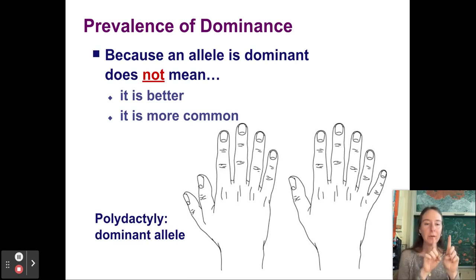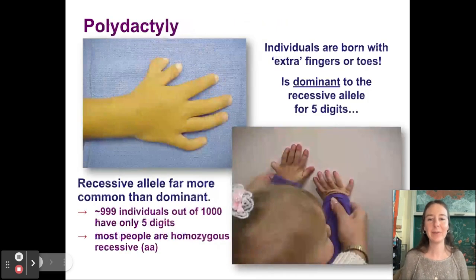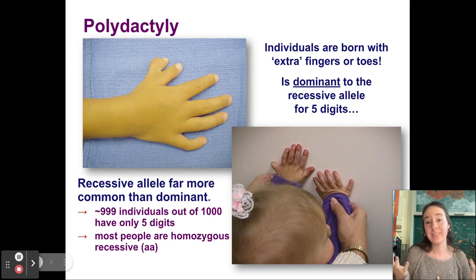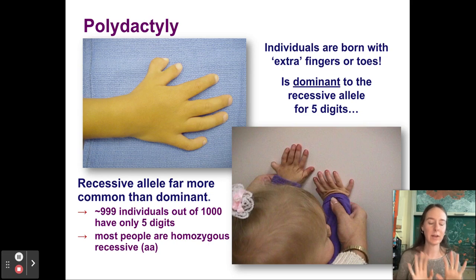But if you have at least one dominant allele, and one of your parents in their egg or their sperm passes down the chromosome that has a dominant allele, you will have an extra finger. So that's not very common, right? It's not very prevalent in the population. Actually, 99 individuals out of 1,000 only have 5 digits, right? Like most of us. Most people are homozygous recessive, which we'll talk about later.